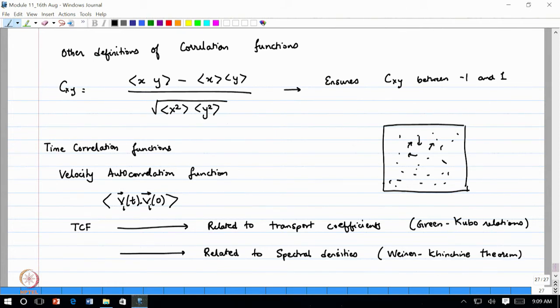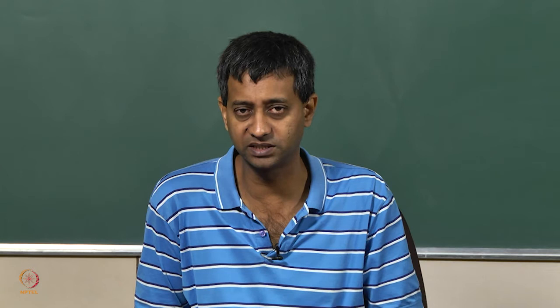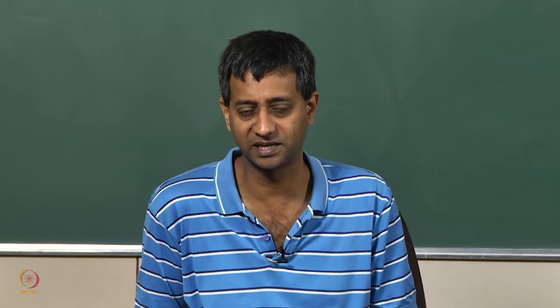Okay. So, actually there are several time correlation functions, not just velocity. You can look at time correlation functions of position, of density, and so on. And these time correlation functions are something that you will see very often when you are actually doing research in statistical mechanics. Okay.